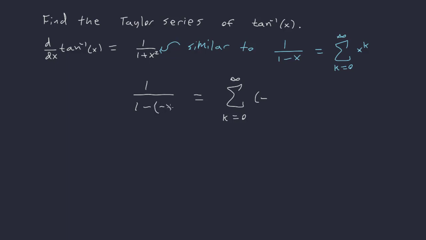That's a negative x squared. I need to not square the whole thing. Sorry about that. So this will be negative x squared raised to the k. Okay, so this is going to be the series k going from 0 to infinity of, I could split this up as negative 1 to the k times x to the 2k.